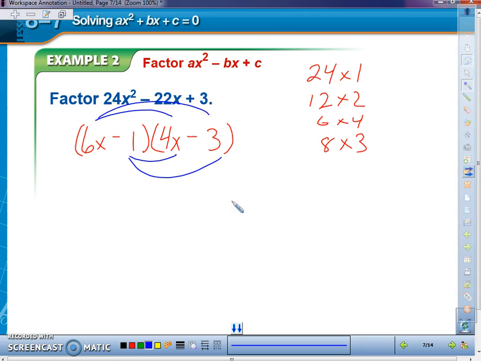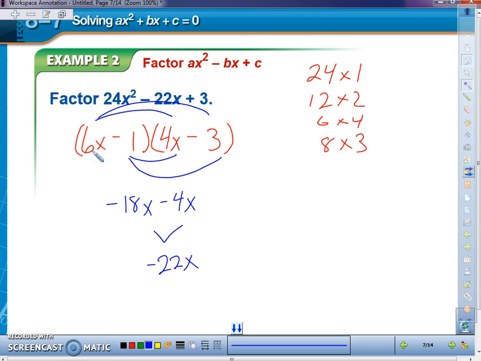I know that my last term is going to be right, 3. But what's 6x times negative 3? That's negative 18x. And this is going to be negative 1 times 4x, negative 4x. So when I combine those right there, I do get negative 22x. And I think that is what we're after right here.